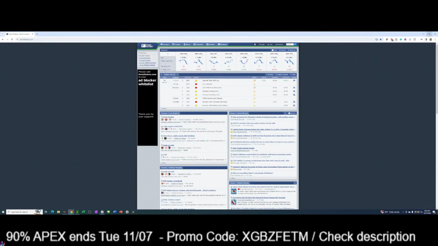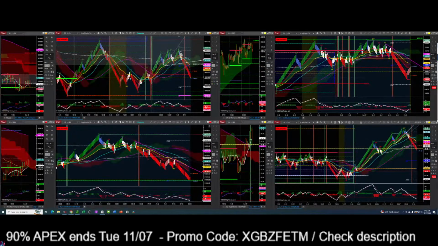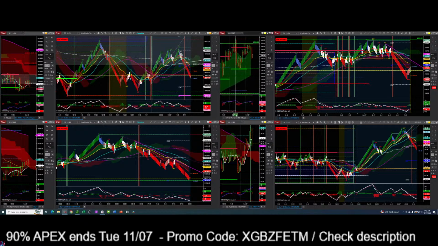Let's take this out a little bit and move it to my other screen. All right, so let's get started with gold. Normally what I do is open the point and figure chart.